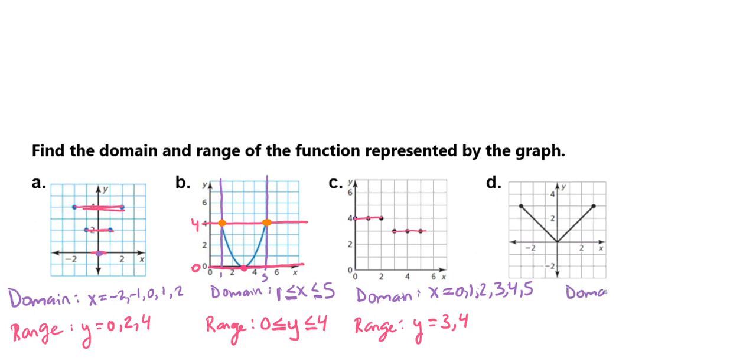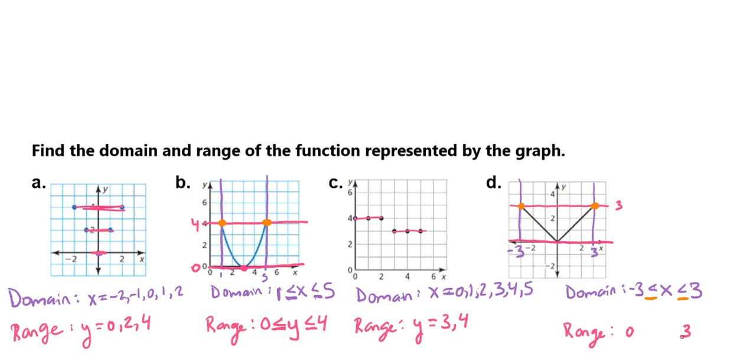So for D, we have a domain where x must be between -3 and +3. We see that our circles are filled in, which means it will have equal signs underneath. For our range, we see that we have a minimum of 0 and we have a maximum of 3 because it goes up 1, 2, 3.